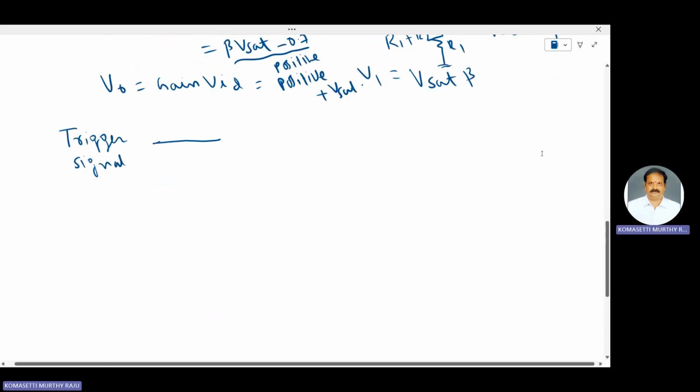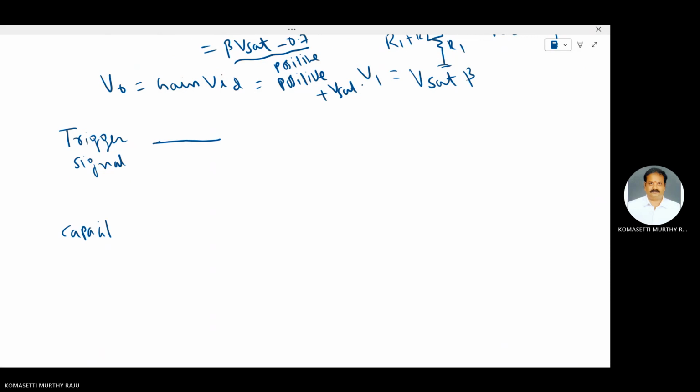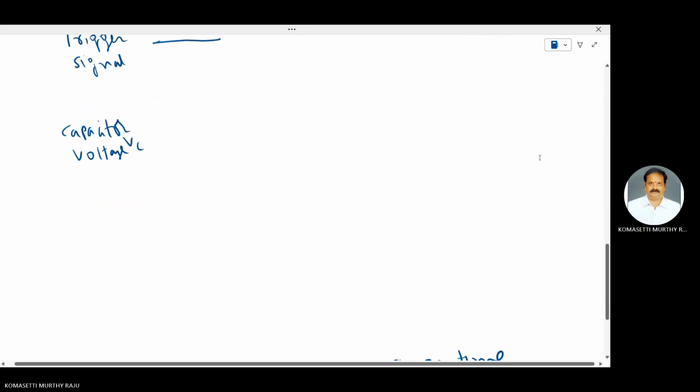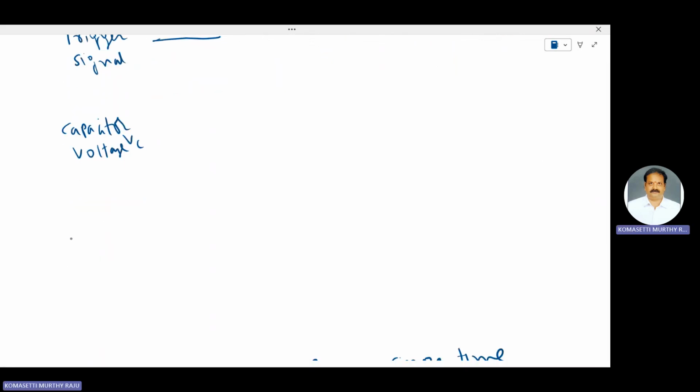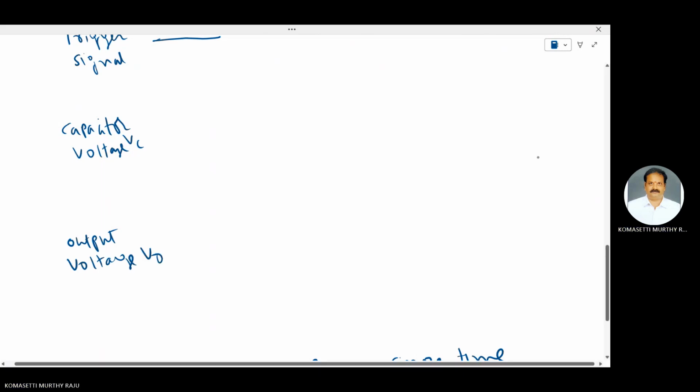Next one is the capacitor voltage, here VC. Next one is the output voltage V0.